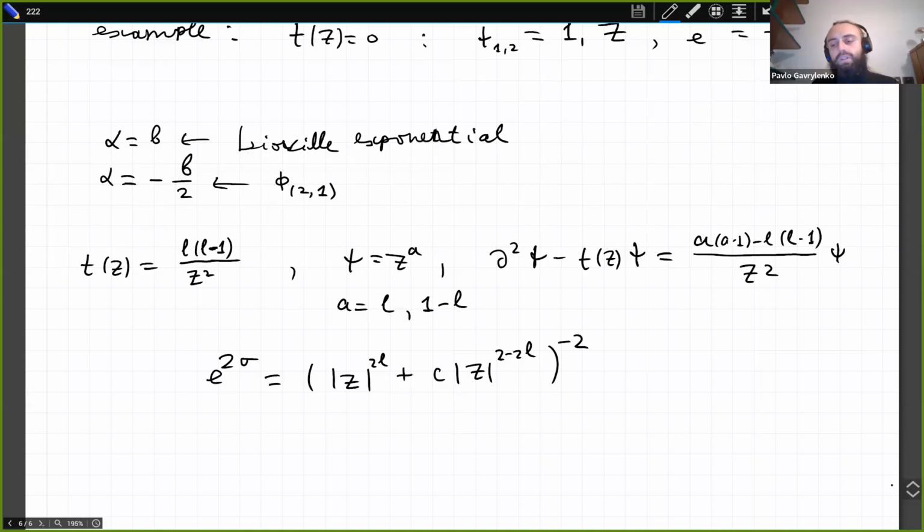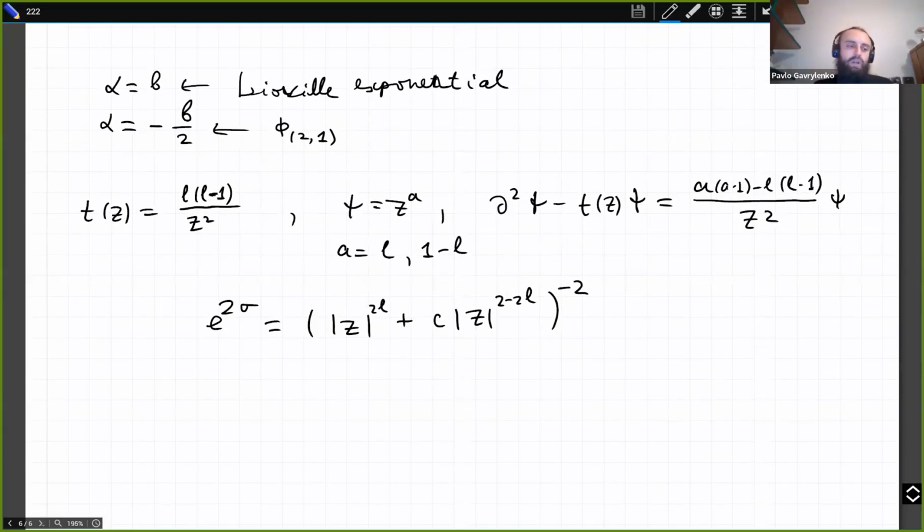And we see that there is some singularity in this metric. When z goes to 0, one of these terms dominates. For example, let us say that L is greater than 1.